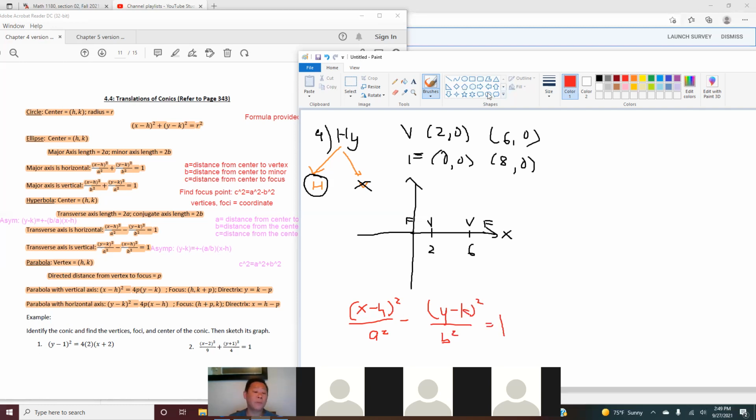If you remember from the previous one, for a hyperbola, HK is actually your center. If you want to denote where this is on the graph, the center is right over here. Can someone tell me the coordinates of this center point? 4, 0.